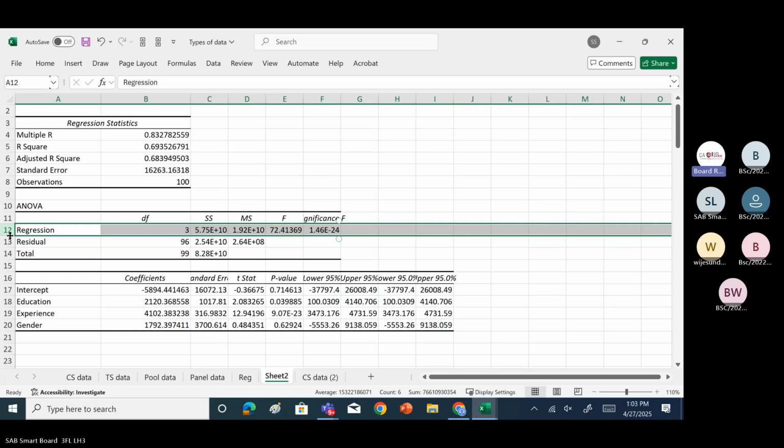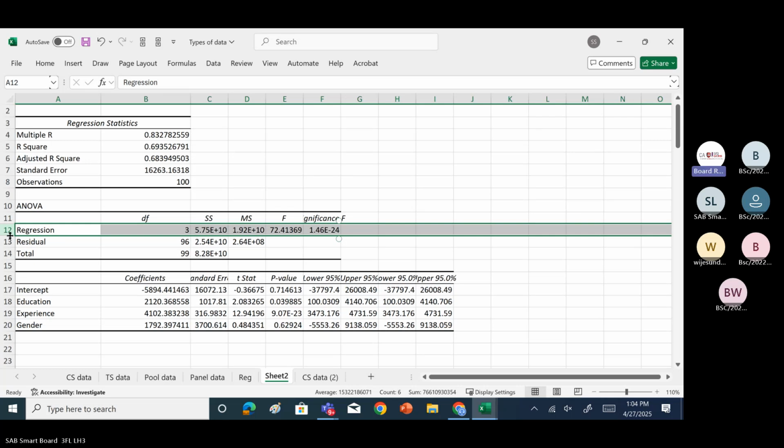Now tell me, what is the meaning of this one? 2120. What's the meaning of 2120? If you change the education by 1 unit, how much is the salary going to change? 2100.